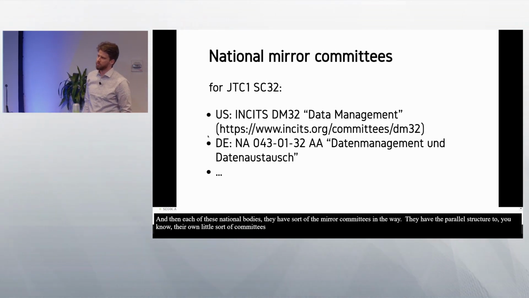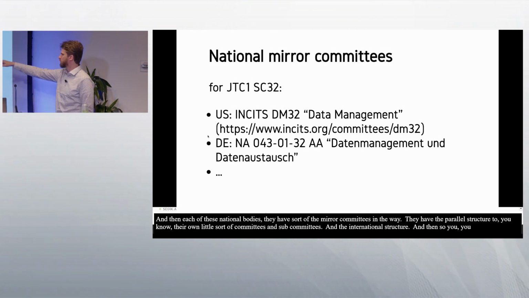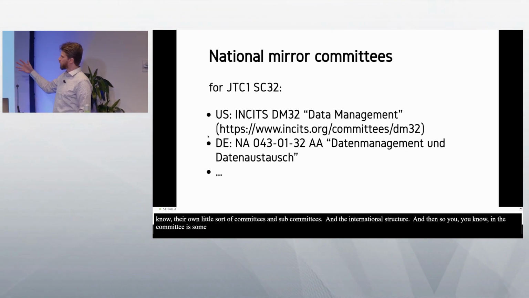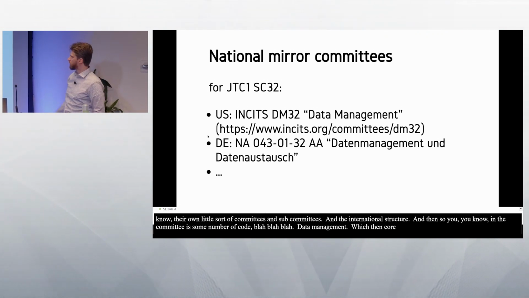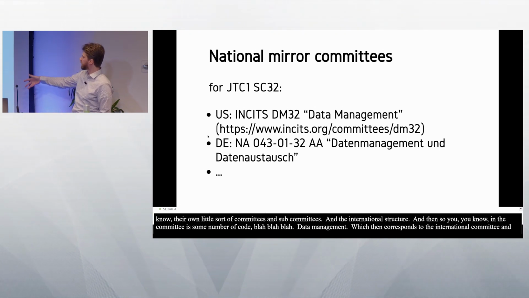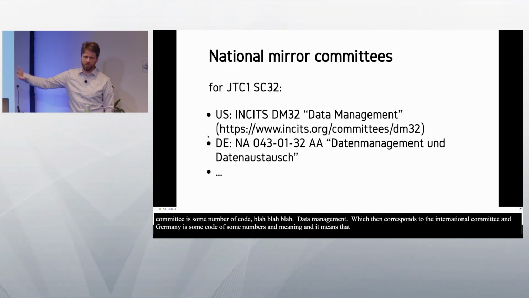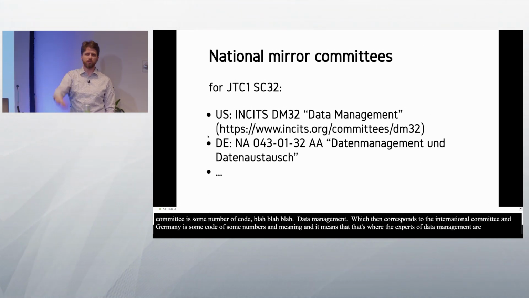And then, in the US, for example, the mirror committee is some number, code, blah, blah, blah, data management, which then corresponds to the international committee. And Germany is also, some code of some numbers that has some meaning, and then it means that's where all the experts on data management in Germany are, in theory, sort of gathered, and then they get delegated to the international level.